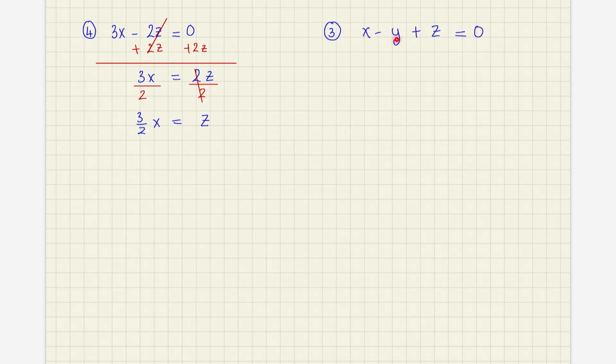I have x minus y plus z equals 0. And remember, I found z was 3/2 x. So I am going to replace this z by 3/2 x. And I am going to combine this x with 3/2 x. So 1x plus 3/2 x is 5/2 x. And to solve for y, I am going to add y to both sides.